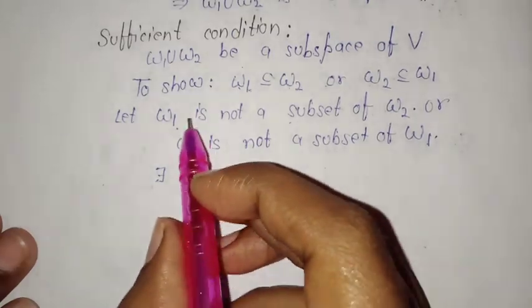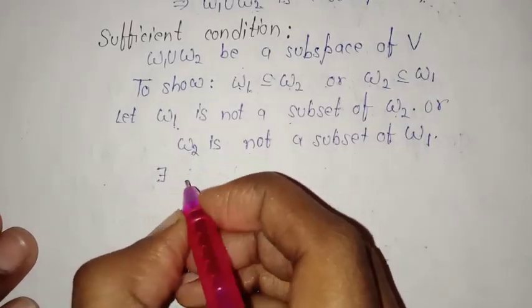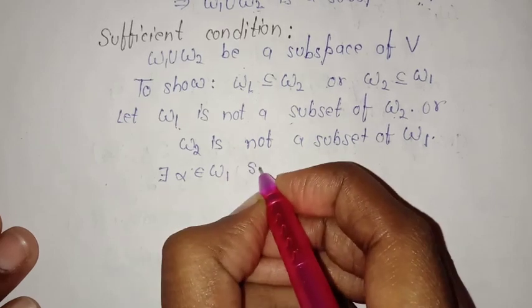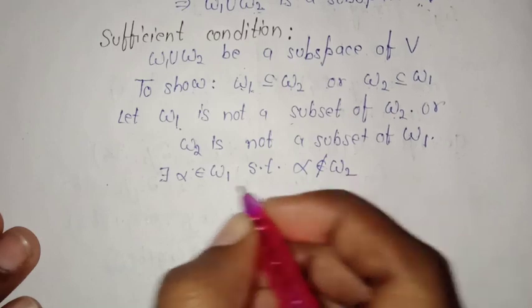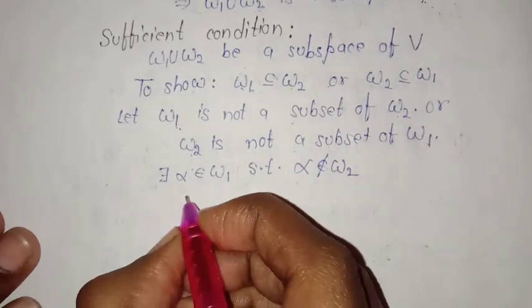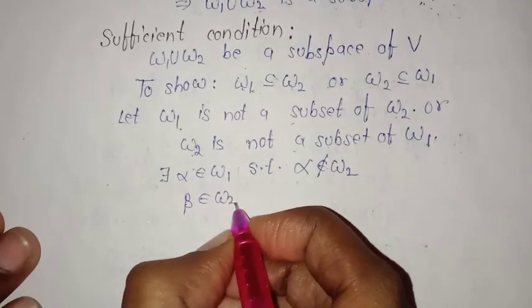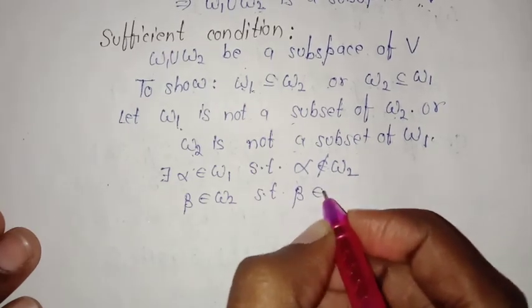Since we have assumed that W1 is not a subset of W2, there must exist some element alpha belonging to W1 such that alpha doesn't belong to W2. And since W2 is not a subset of W1, there must exist beta belonging to W2 such that beta doesn't belong to W1.